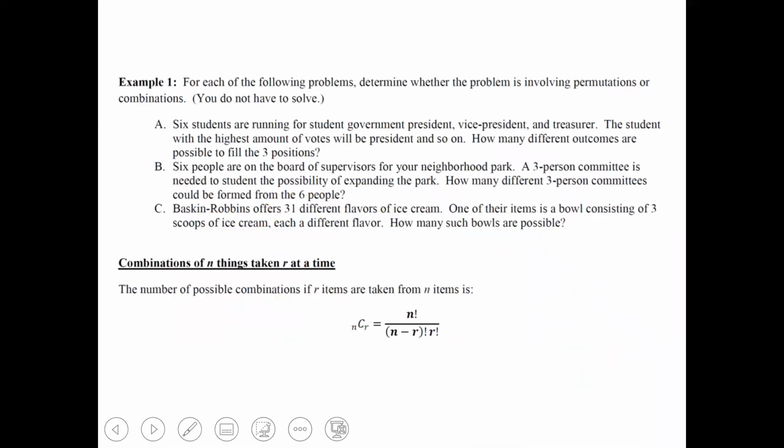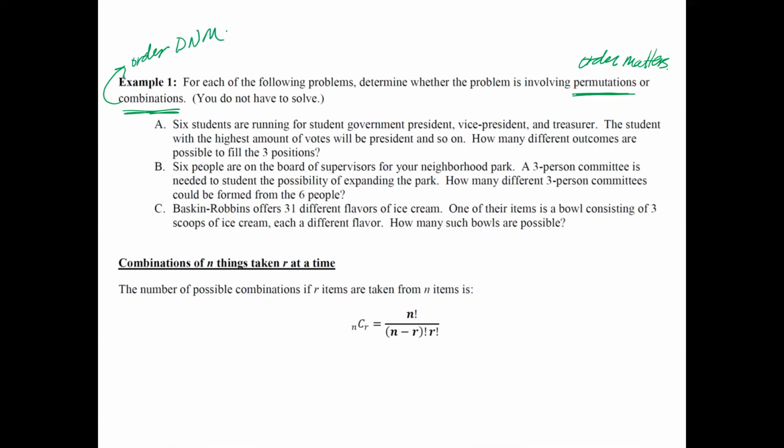Okay, let's go on to example number 1. Go ahead, read the question. It says for each of the problems, determine whether it is a permutation where order matters, like the locker combination question, or combination where order does not matter.